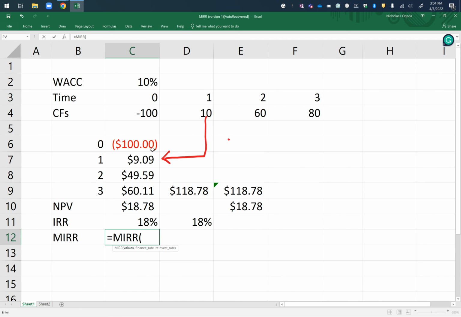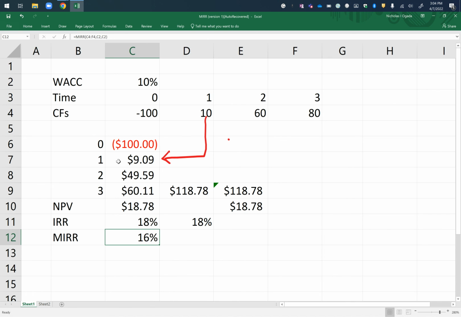My values again are minus 100, 10, 60, and 80. I highlight all of my values, then enter my financing rate, which I can just select, 10%, and the reinvestment rate is also 10%, or just enter 0.1, so it's the same thing. Enter the value, and it gives me a modified internal rate of return of 16%.